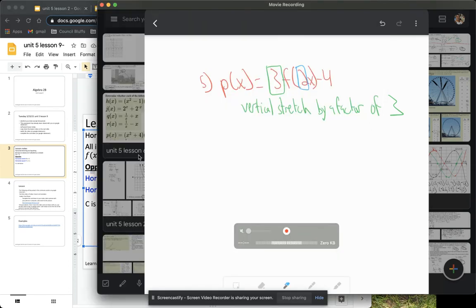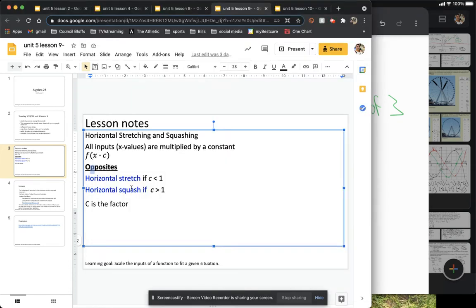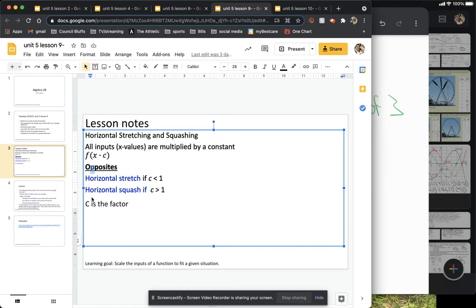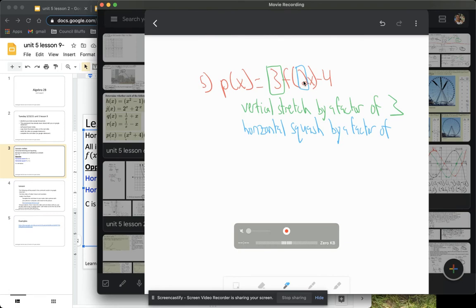So 2 is greater than 1, so this is going to be a horizontal squash by a factor of, because we have to do opposites, the opposite of multiplying by 2 is multiplying by half.